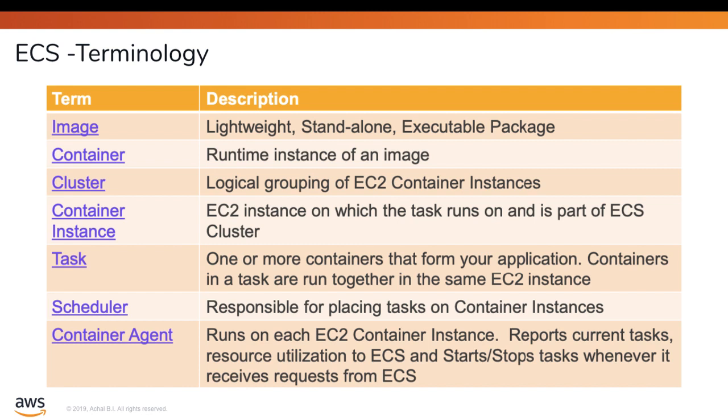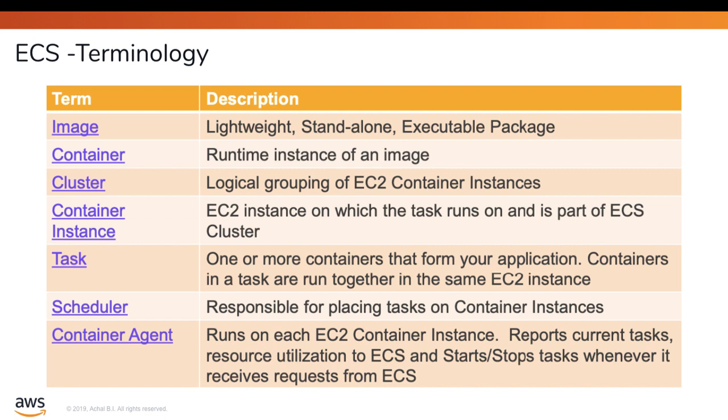There are schedulers, and they are responsible for placing tasks on container instances. So they place them on your EC2 instances. There is also a container agent which will always run on the EC2 container instance.